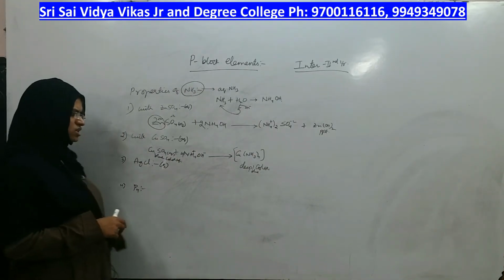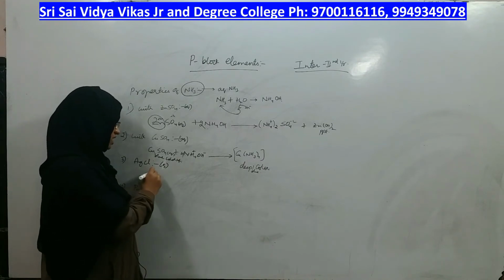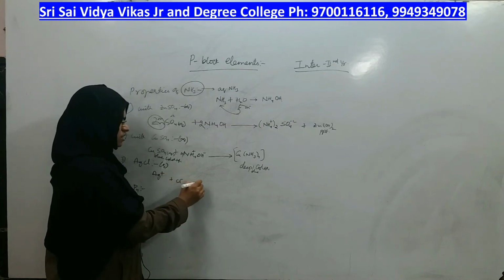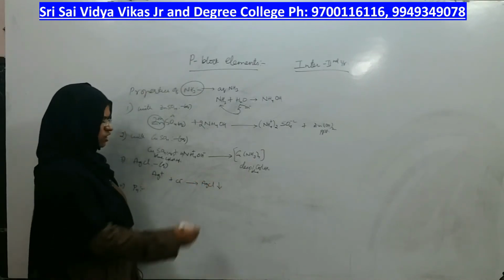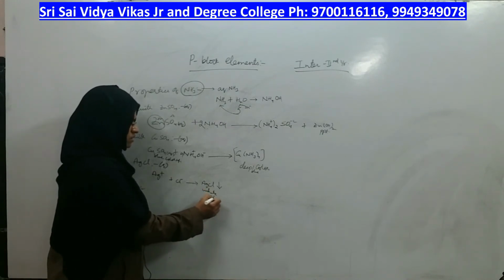The next reaction is the reaction with AgCl. How will you get AgCl? Whenever Ag plus reacts with Cl minus, you get AgCl in the form of a precipitate. What precipitate is AgCl? AgCl is a white precipitate, right?